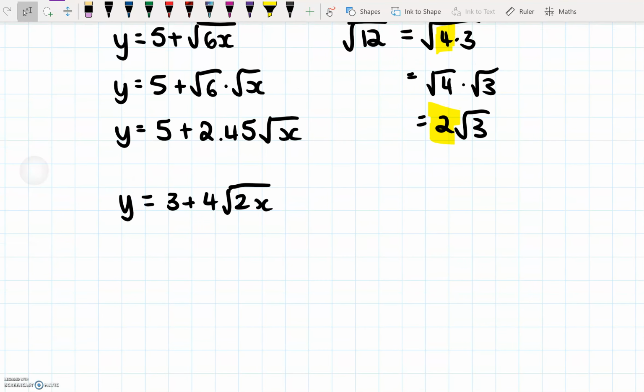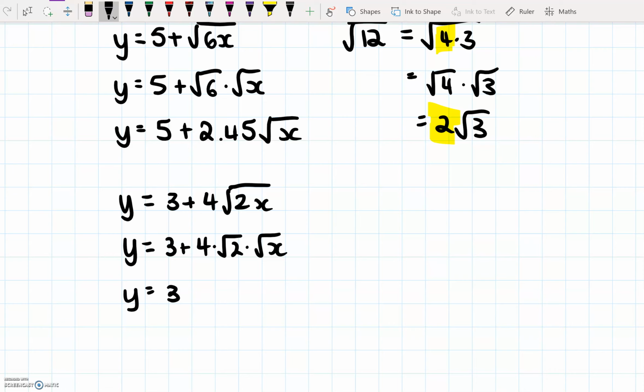So we're going to write it as y is equal to 3 plus 4 times the root of 2 times the root of x. Okay, so we get y equals 3 plus 4 times, and the square root of 2 is equal to 1.41. Okay, so 4 times 1.41, times root x.